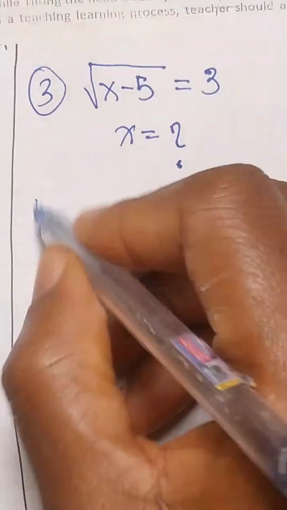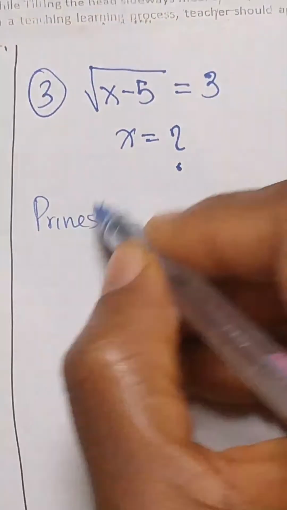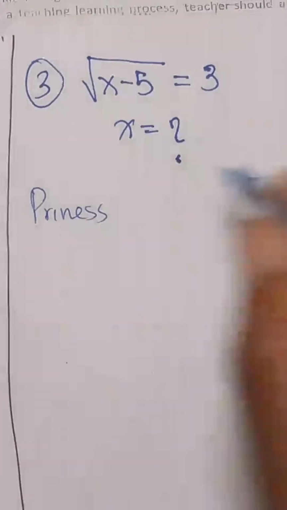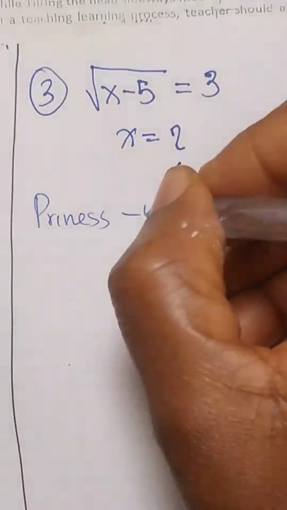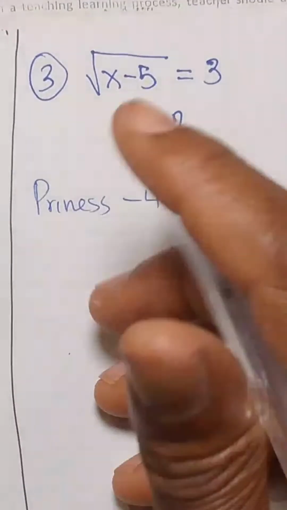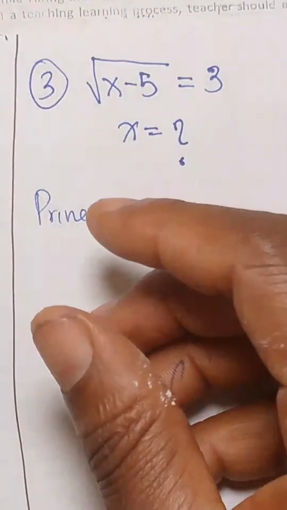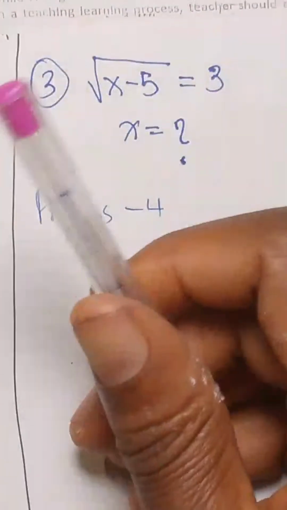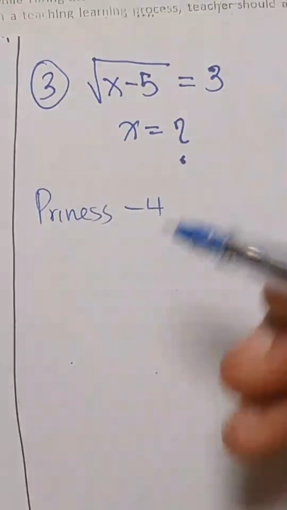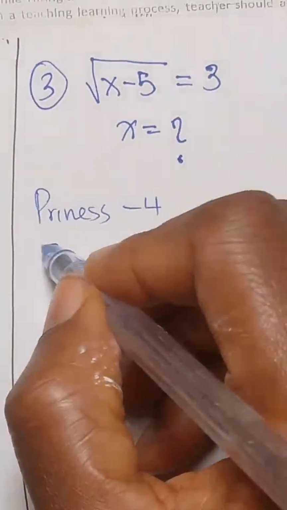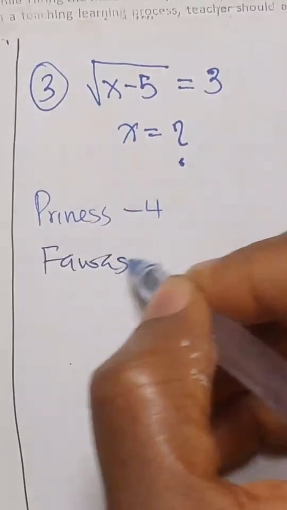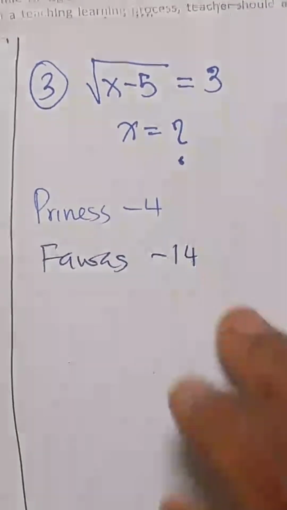So Princess says 4. Princess said 4. Okay, Flowers says 14.